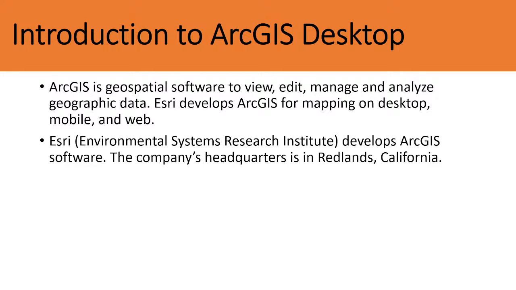What is Esri? Esri means Environmental Systems Research Institute. Esri developed the ArcGIS tool or software, and the company's headquarters is in California. So ArcGIS is mainly maintained and developed by Esri.